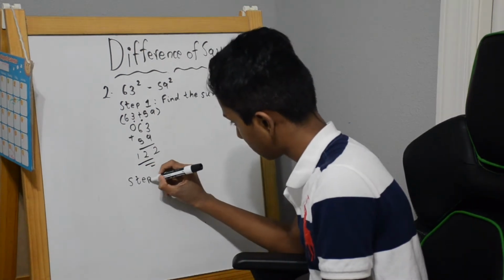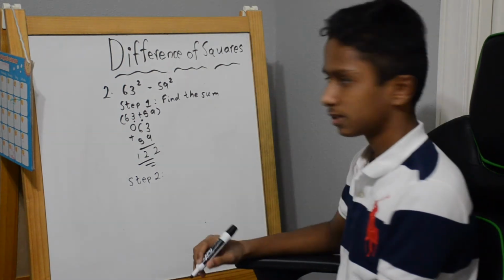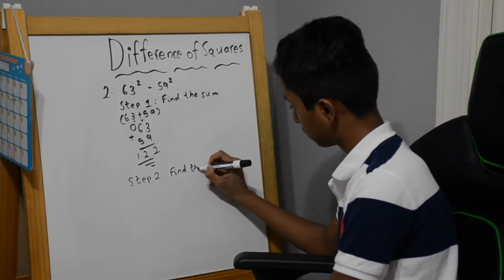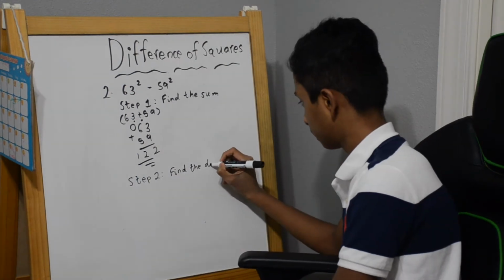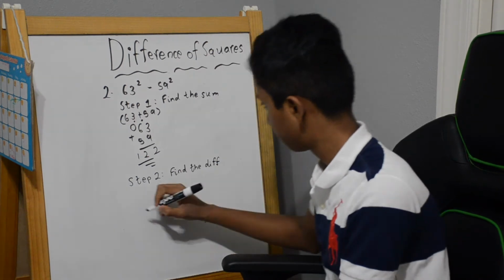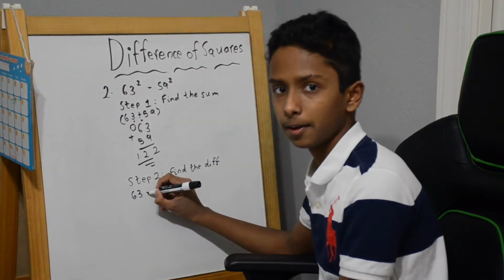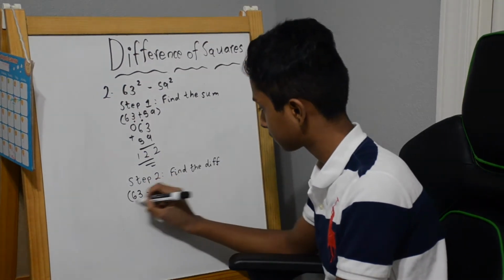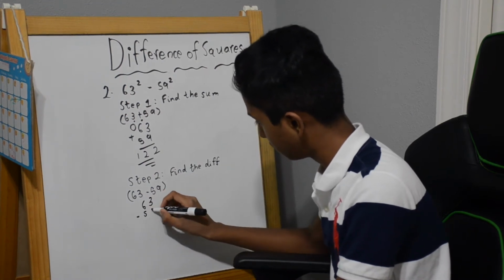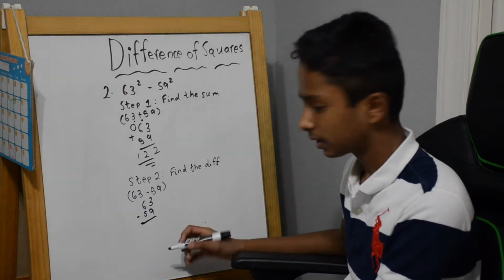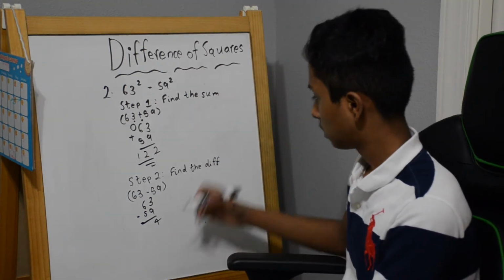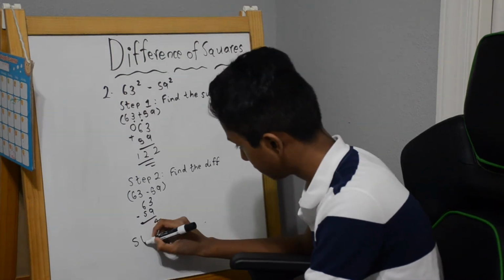Now what is step 2? Step 2 is to find the difference. The difference is 63 minus 59. We all know that it's 4. Now let's take that final step.